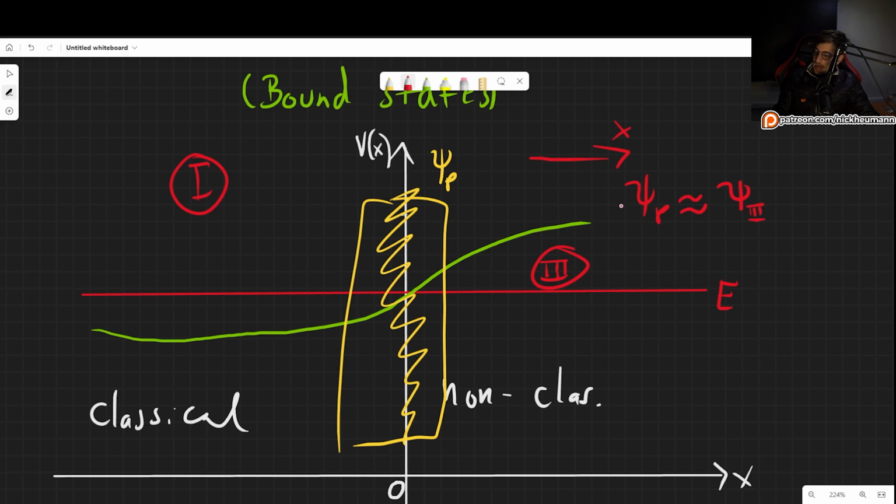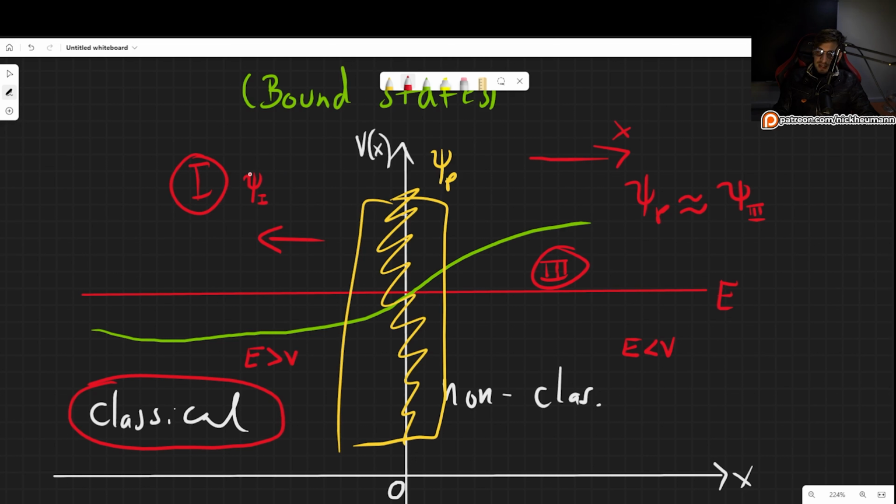So this is something that we will use later. And similarly, as x becomes smaller and smaller, we want our wave function in region 1 to match. This is, by the way, what we already found. The wave functions in region 1 and 3 are what we found in the previous videos. This is the case where the energy is greater than the potential, and this is when the energy is smaller than the potential. So we already know what those look like.